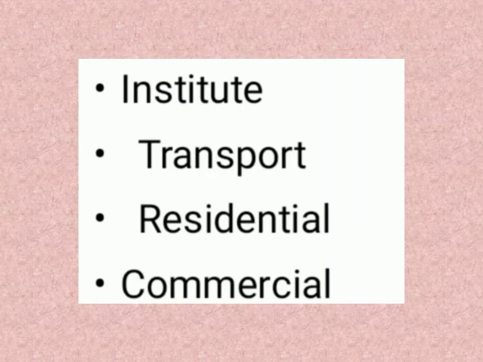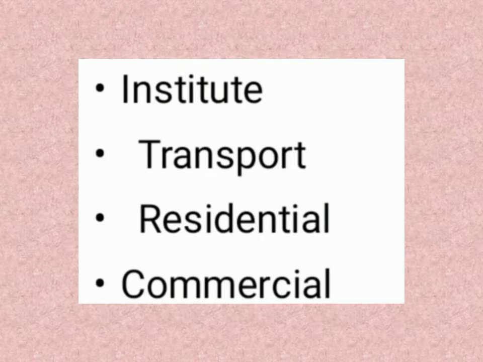I hope students you can recall that, which we have already learned. So these are the four buildings and are of different uses, and the land allotted to them are for the specific purpose.